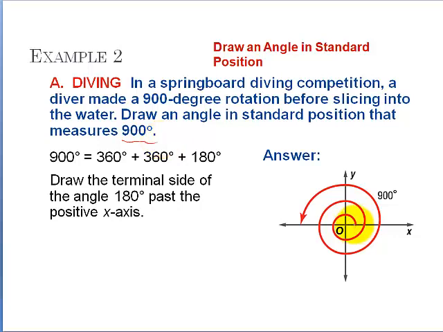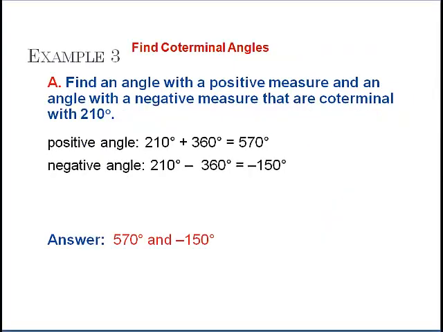So you're starting in the initial spot, you're going all the way around once, that's your 360. When you go all the way around again, there's your 720. And then you're rotating the difference to get to 900, which in this case is 180 degrees.